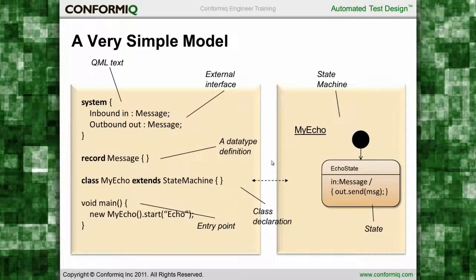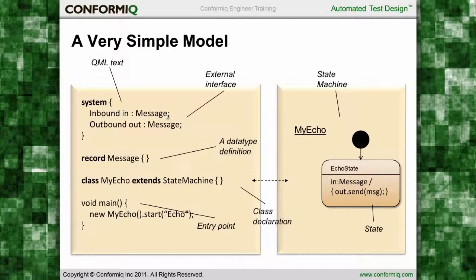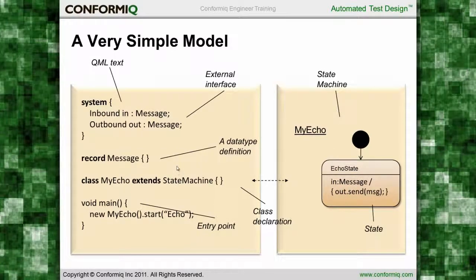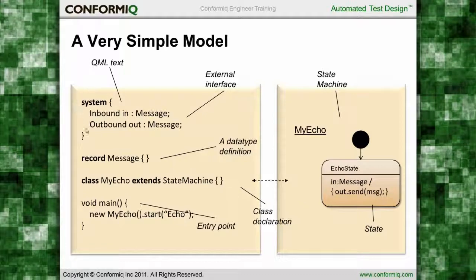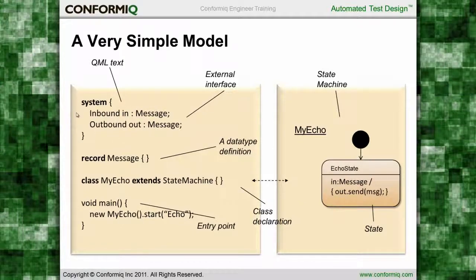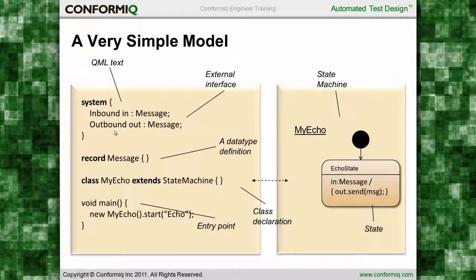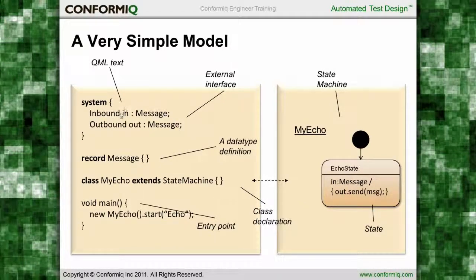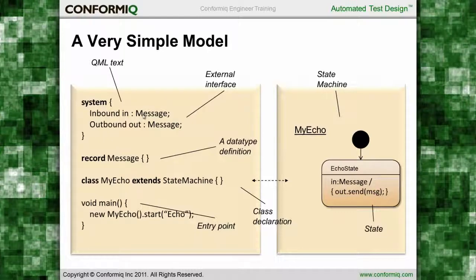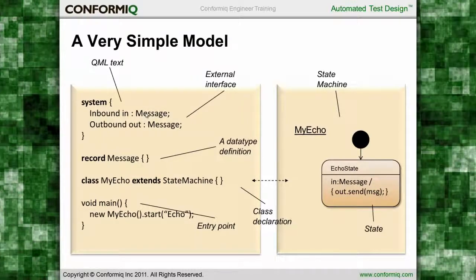So let's look at what this model here consists of. First of all, we have the system block, which says that our system has one incoming interface where the system accepts messages called message.